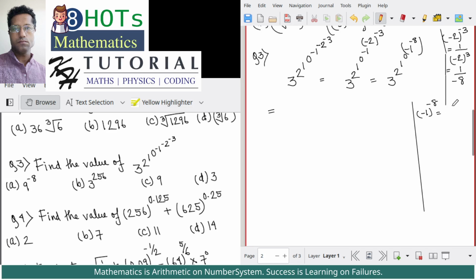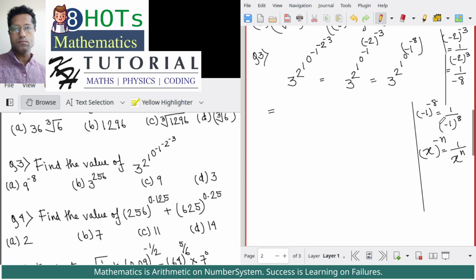That is, minus 1 raised to the power minus 8 is 1 by the same base minus 1, but this time the power will be positive. That is the law of exponents: x to the power minus n, where n is some positive number, integer or rational, is equal to 1 by x to the power n.